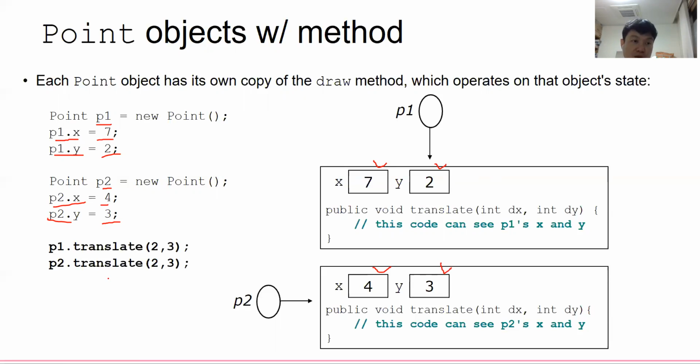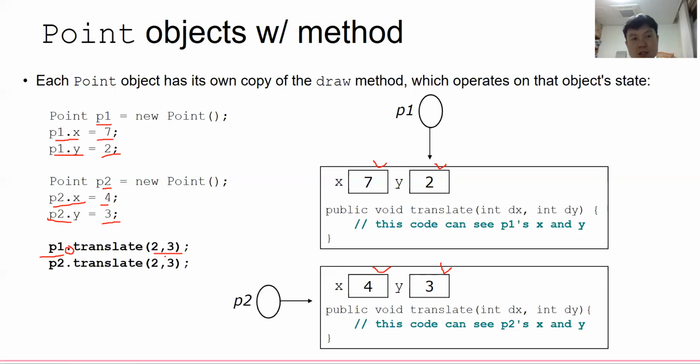Now I want to translate. If I want to translate p1 into a new point, I can just use p1.translate and give the new value.